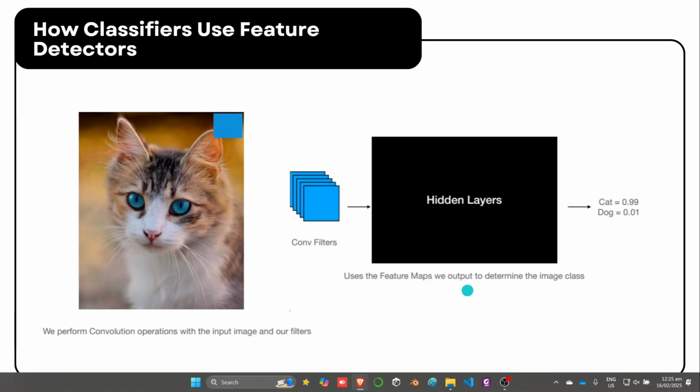Imagine we have convolutional filters, and as you saw previously, we slide these filters looking for specific features. Imagine we have a feature looking for a cat eye, or the whiskers, or the ears.